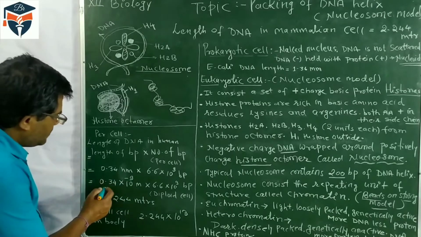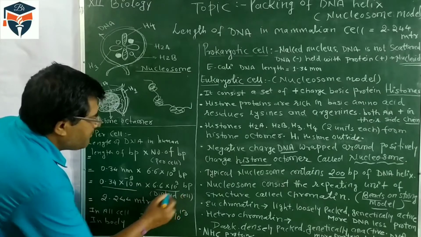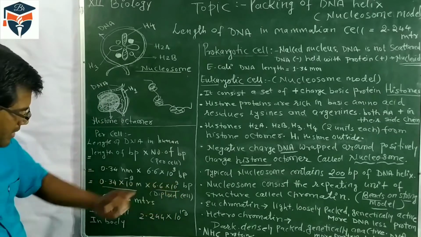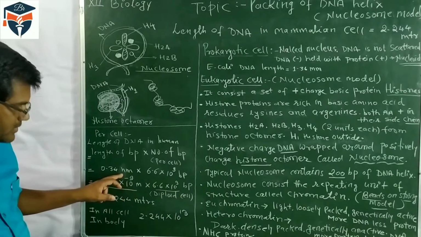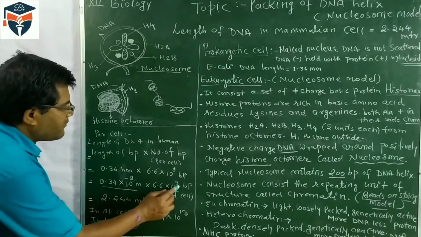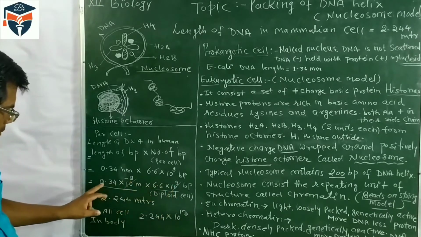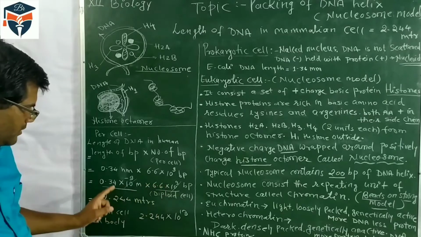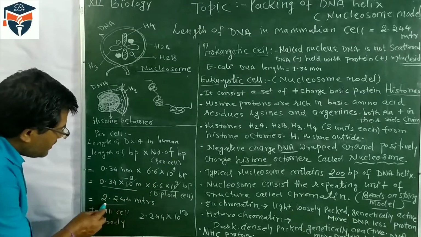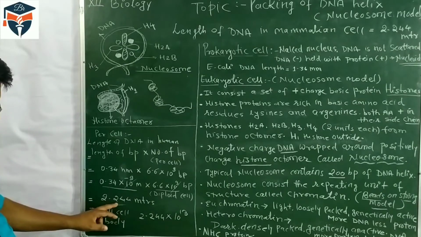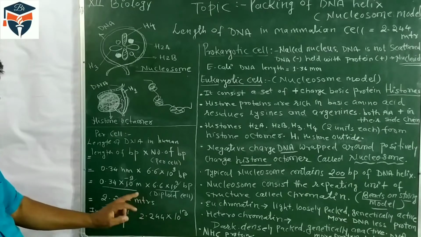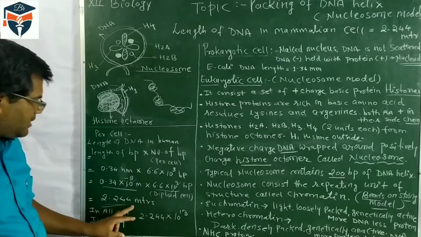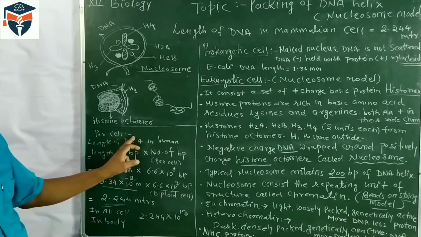Now this is multiplied with this one. So here 10 to the power 9 and here 10 to the power minus 9, both will cancel. And when we calculate 0.34 into 6.6, the length comes to 2.244 meters. So this is the length of the DNA in each cell.